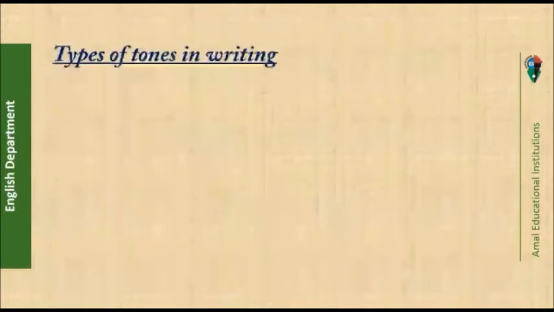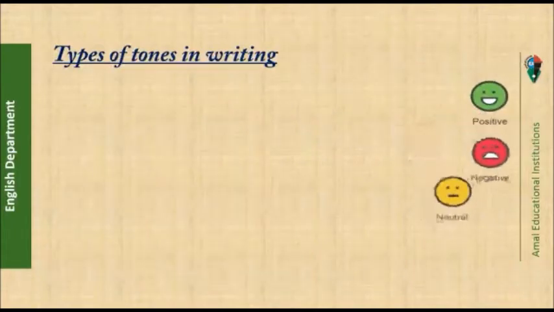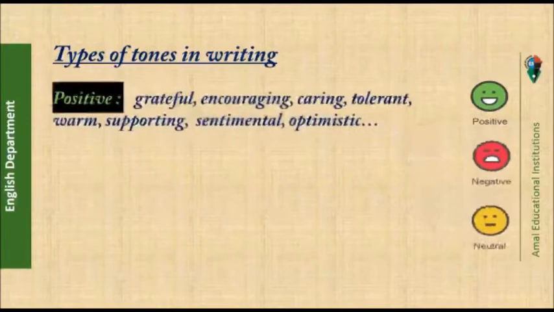Tone is as diverse as our emotions. It can convey the positive, the negative, and the neutral. It can be positive like grateful, encouraging, caring, tolerant, warm, supporting, sentimental, optimistic.